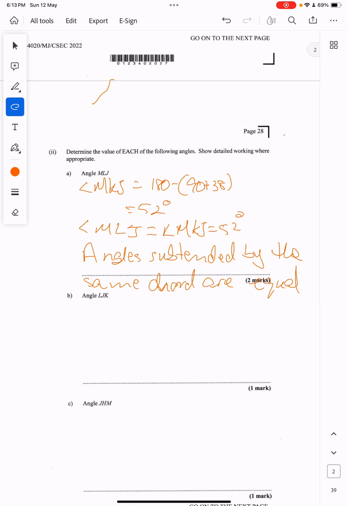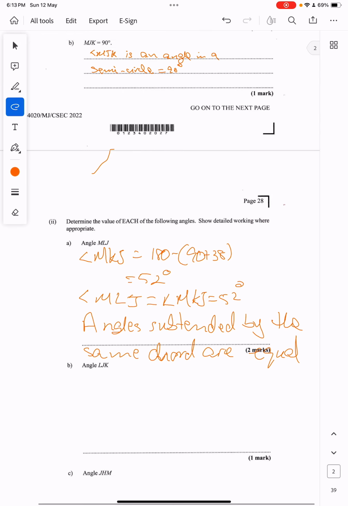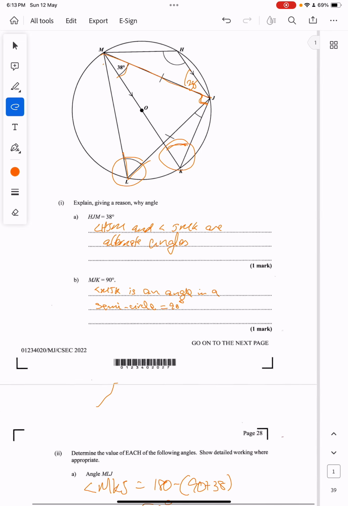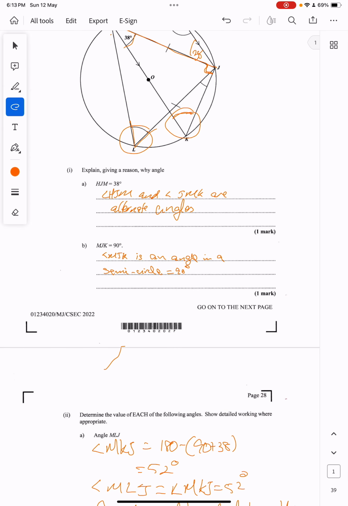Next, angle LKG. So let's see if we can find angle LKG.